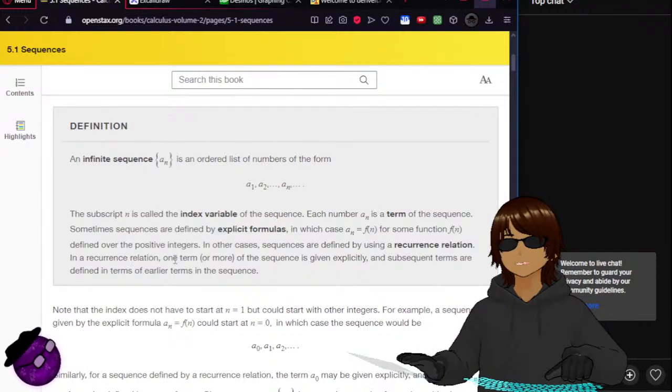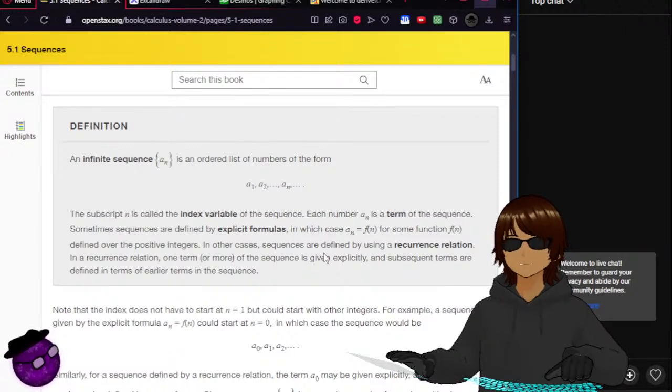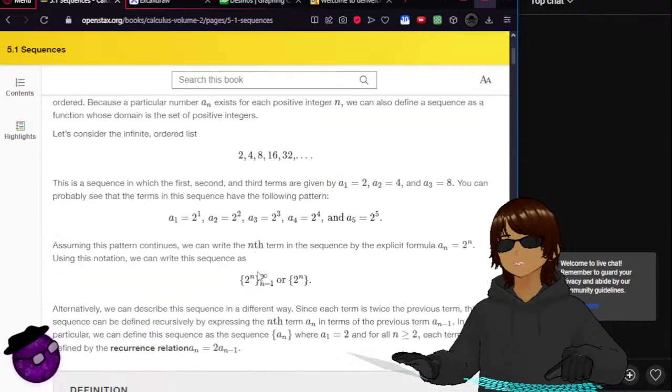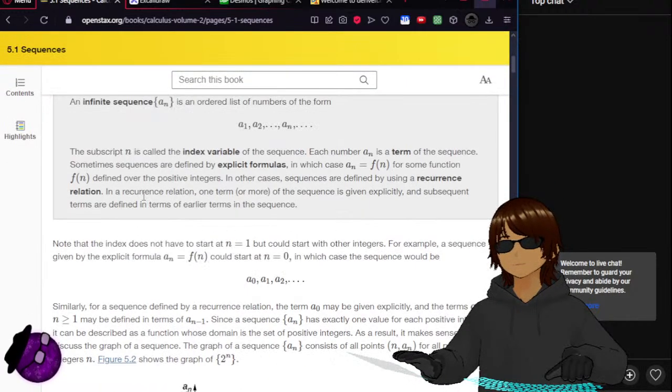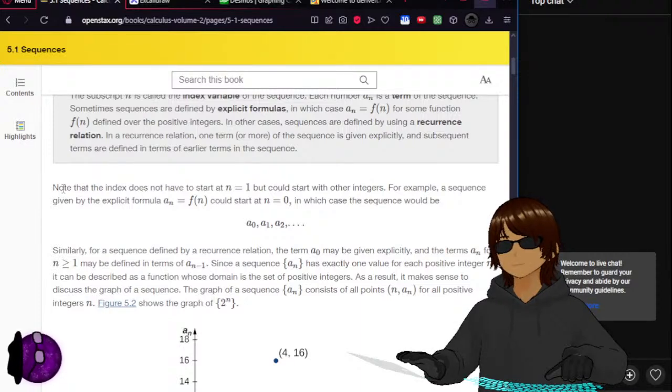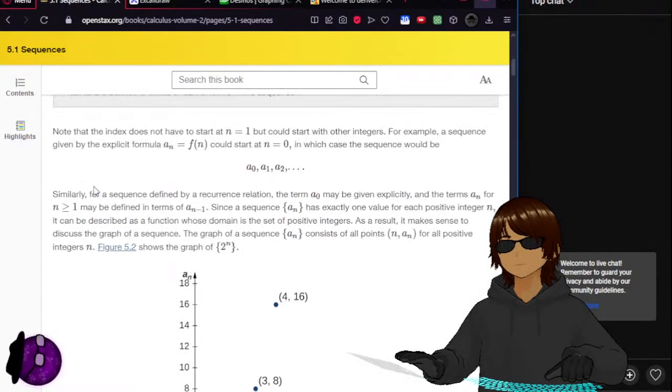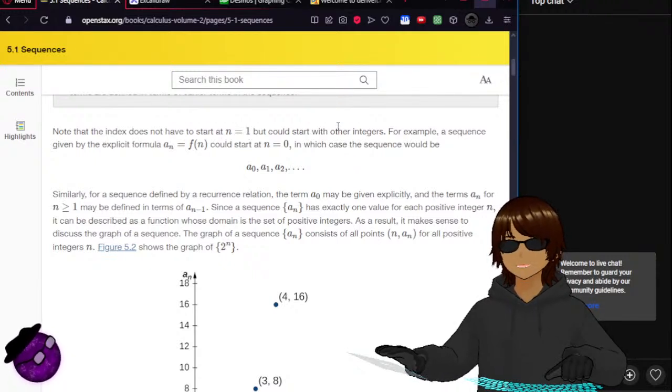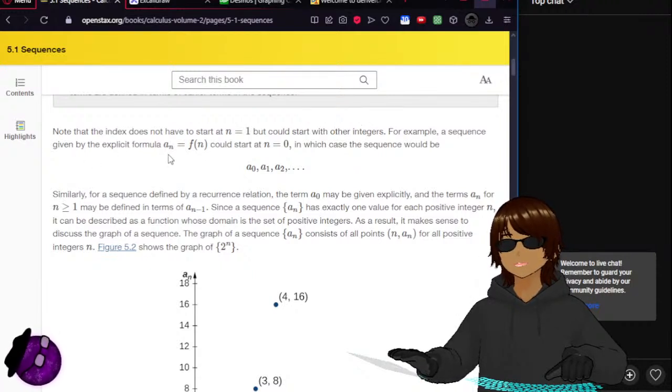In a recurrence relation, one term or more of a sequence is given explicitly, and subsequent terms are defined in terms of earlier terms in the sequence. Note that the index does not have to start at n is equal to 1, but could start with other integers. For example, a sequence given by the explicit formula a_n is equal to f of n could start at n is equal to 0.